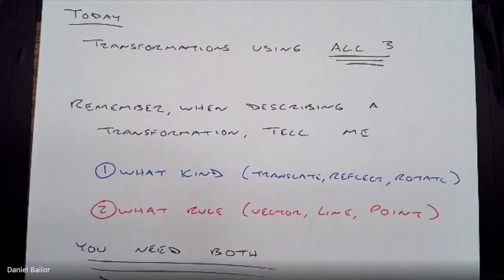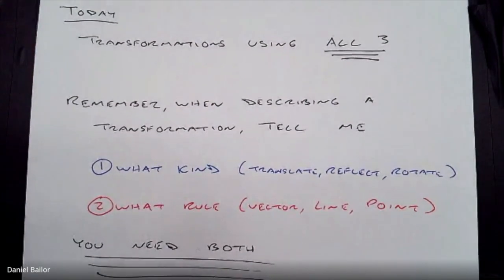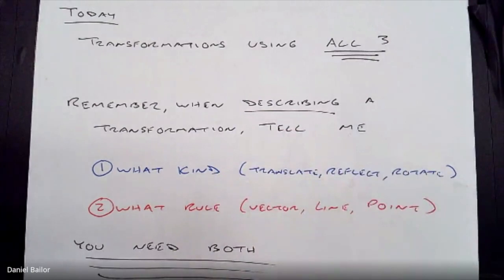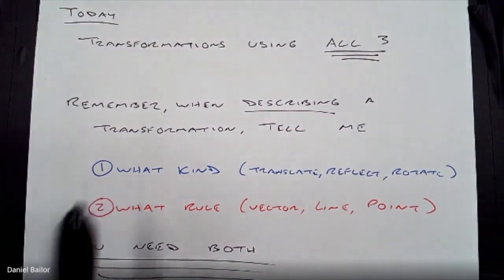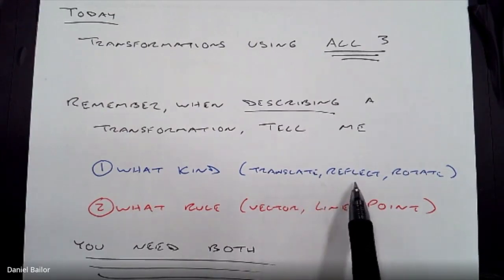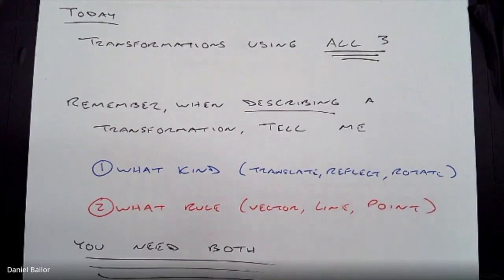So you're going to use all three transformations, and you will have to describe them. When you describe a transformation, your description has two parts. Part one, you tell me what kind of transformation it was. Was it a translation? Was it a reflection? Was it a rotation? So part one, you tell me, did the person translate, reflect, or rotate?